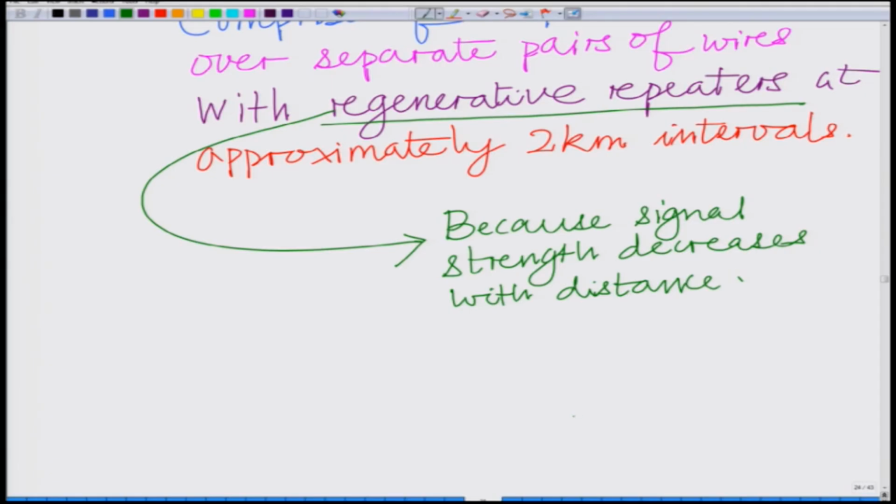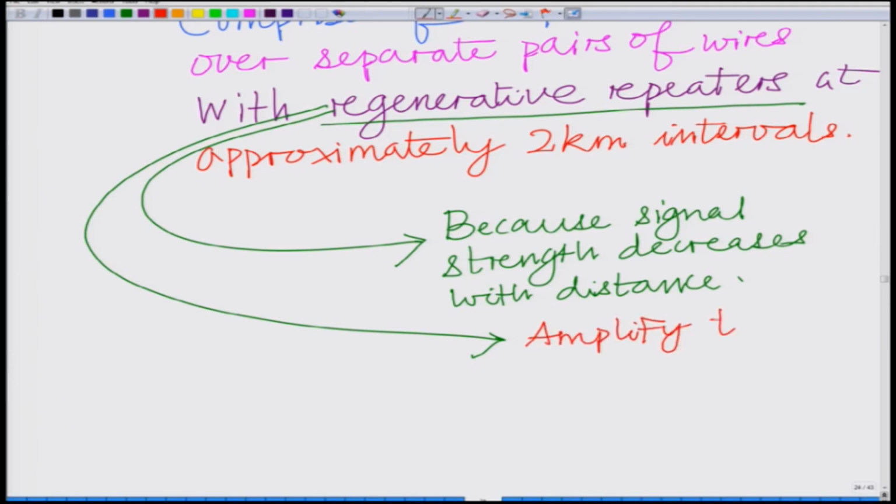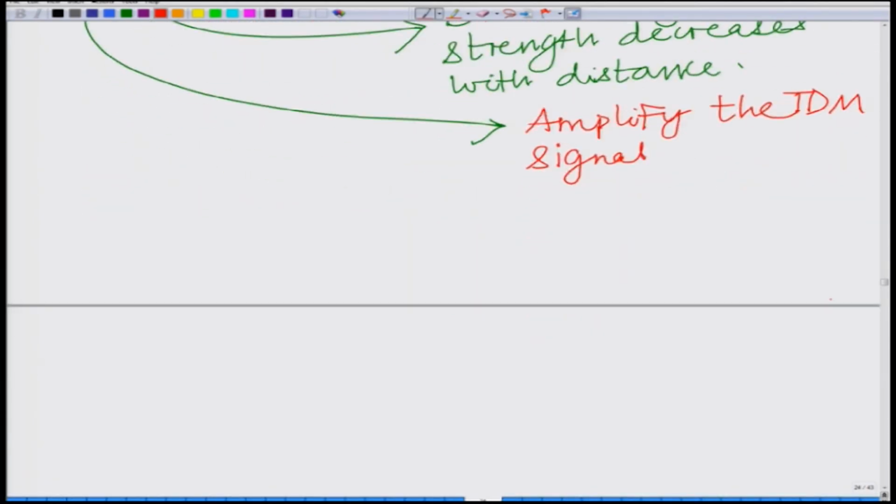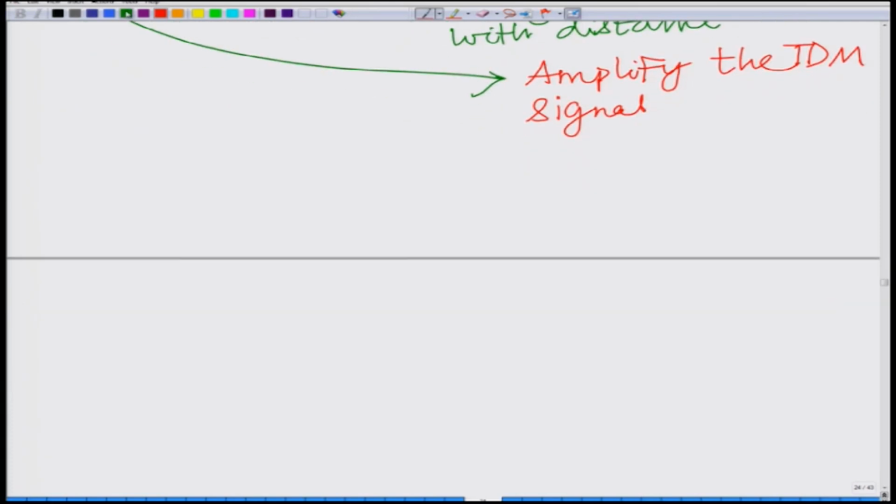So, these regenerative repeaters amplify the TDM signal and regenerate it, that is, prevent the signal from dying down. And this T1 is used for voice communication.